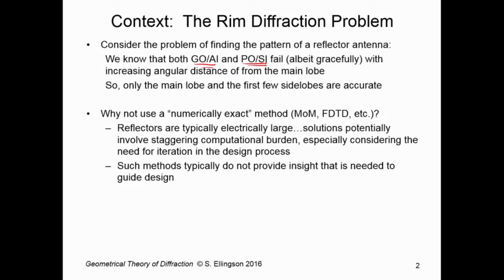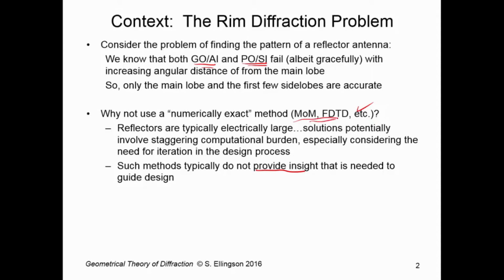The second reason why we're not terribly interested in falling back on these types of methods, full wave methods, is because such methods typically do not provide insight that is needed to guide design. In other words, when a design doesn't work the way you want it to, and you'd like to adjust some parameter to get you closer to what you want, it's difficult to see how that happens in these methods.